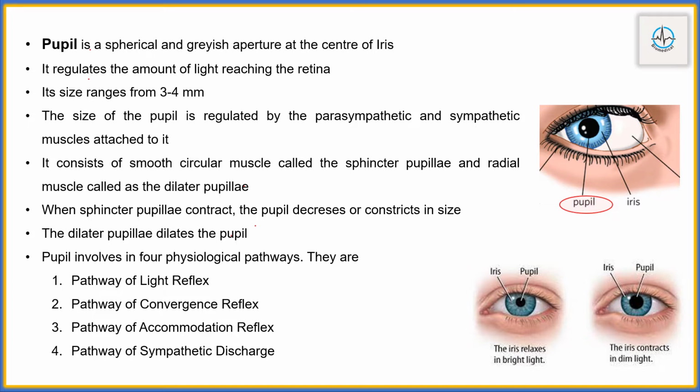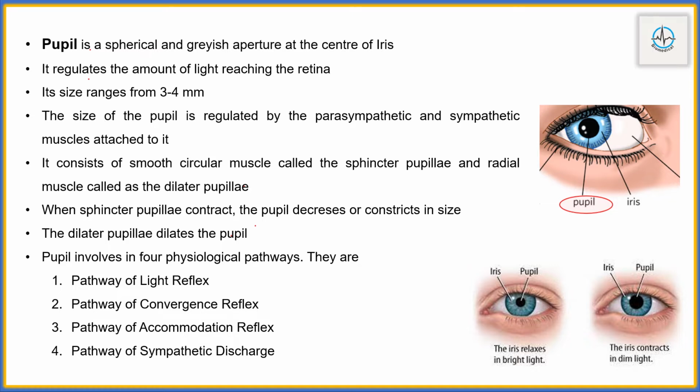The size of the pupil is regulated by the parasympathetic and sympathetic muscles attached to it. It consists of smooth circular muscle called the sphincter pupillae and radial muscle called the dilator pupillae. When the sphincter pupillae contracts, the pupil decreases or constricts in size.